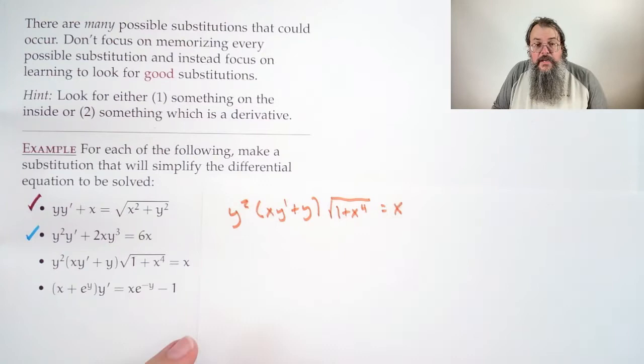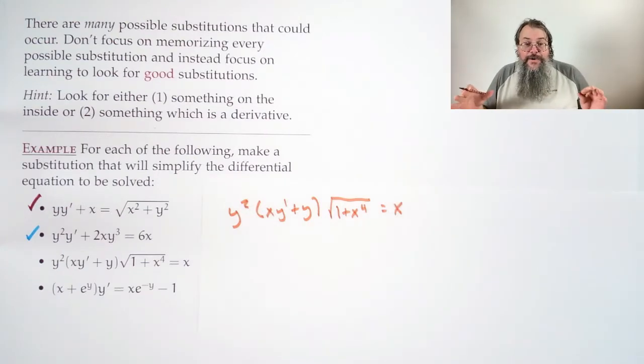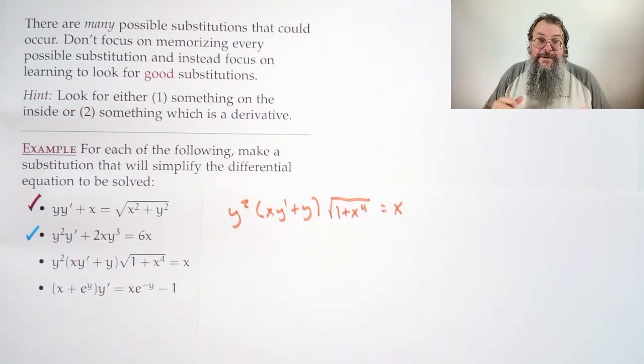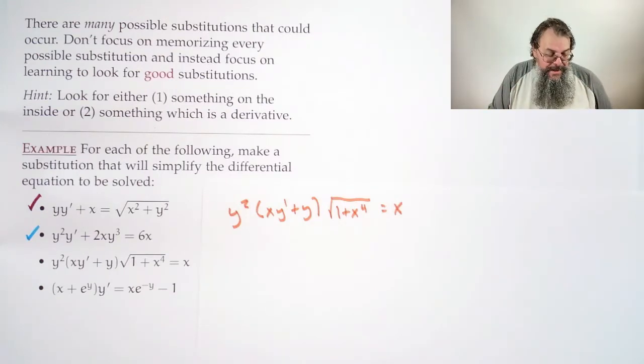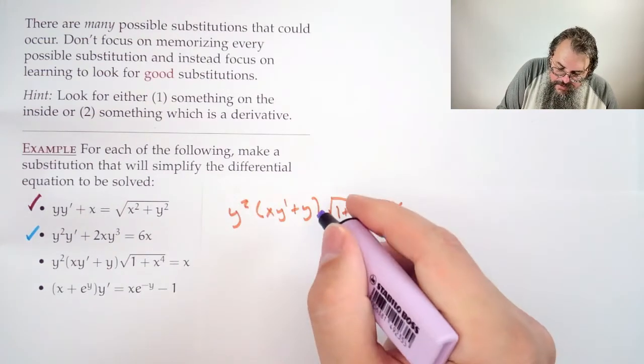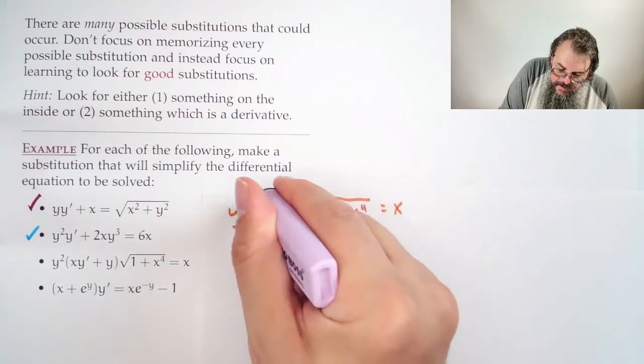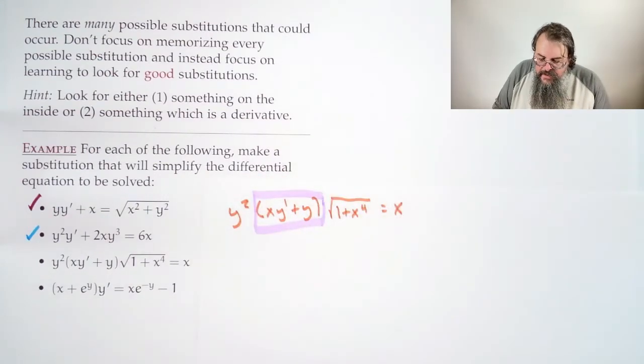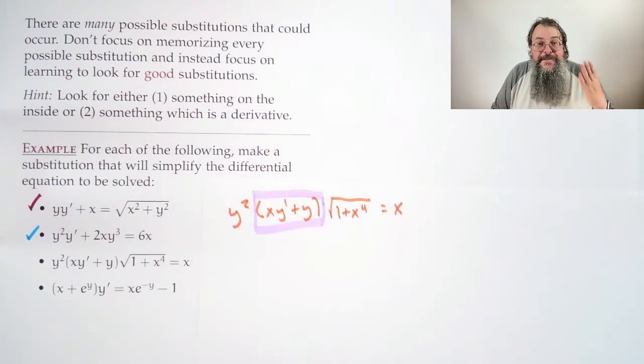And this truly would work as a Bernoulli type problem. You could do it that way. You'd have to fiddle with it. But here's what I want you to notice. This part right here, this xy prime plus y. Do you see that? And in particular, have you seen anything like it? Or is there another way to think about what that term is doing?